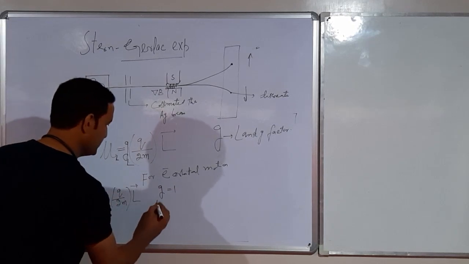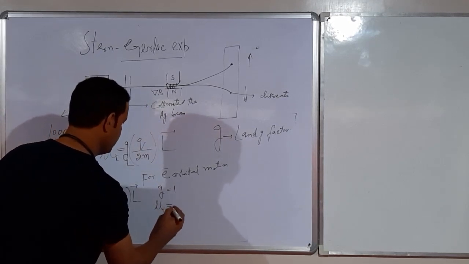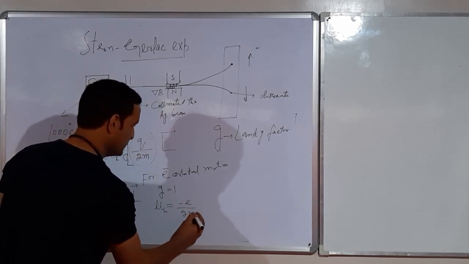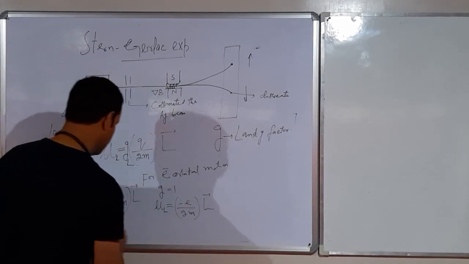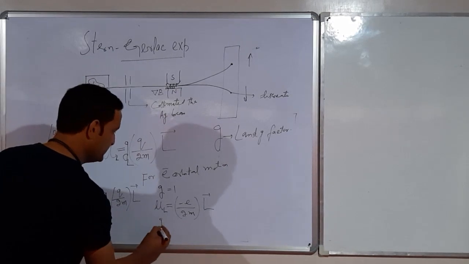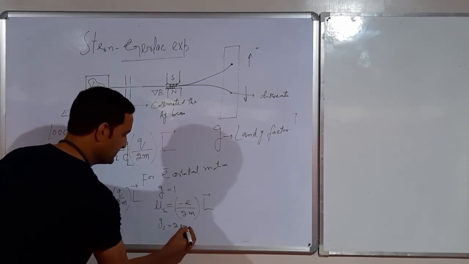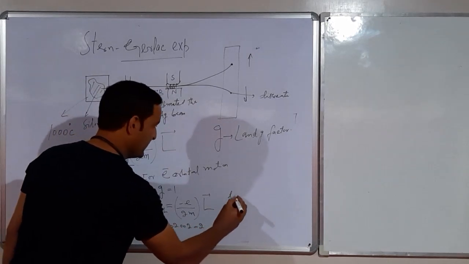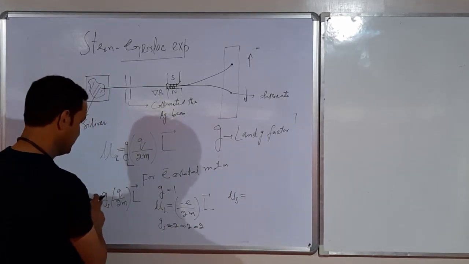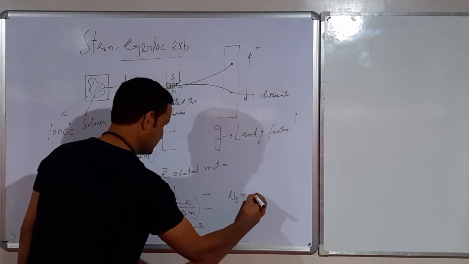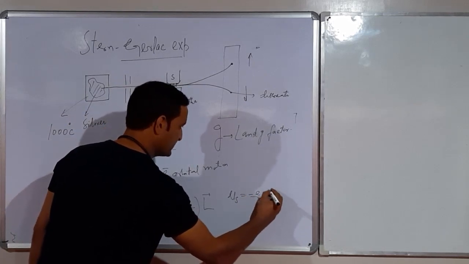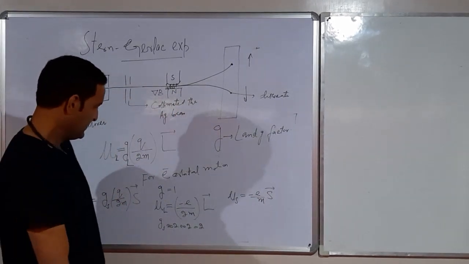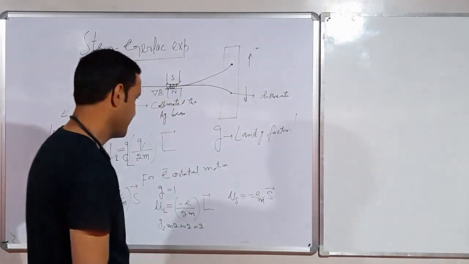So this equation becomes mu L due to electron orbiting equal to, where Q is minus e, minus e upon twice M into L. Similarly, for spin motion, g S will be approximately equal to 2, 2.002, so mu S will be equal to 2 upon 2, and the 2s cancel, leaving minus e upon M into S. Here S is the spin angular momentum vector.